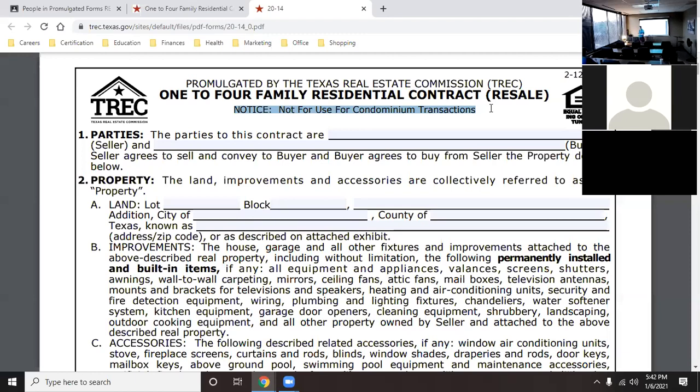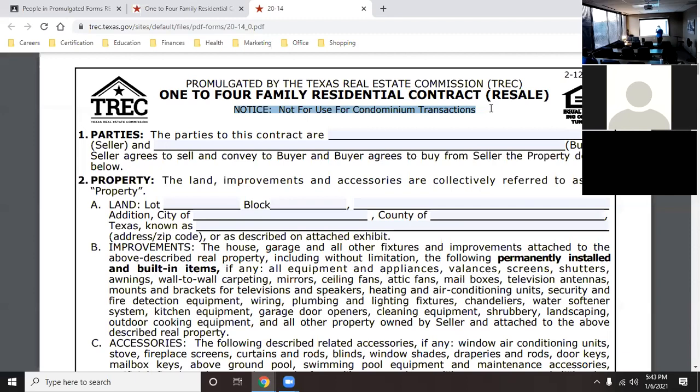So you have to make certain when you're dealing with these situations that we are reading the forms and their titles, because if we just bypass this and start filling the contract out, you may have spent an hour filling a contract out to find out that that form is not the right one. And that's not good.